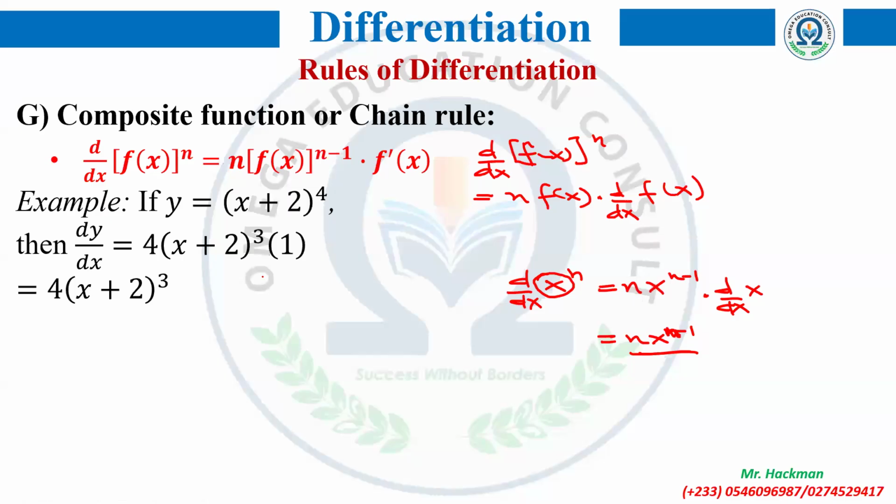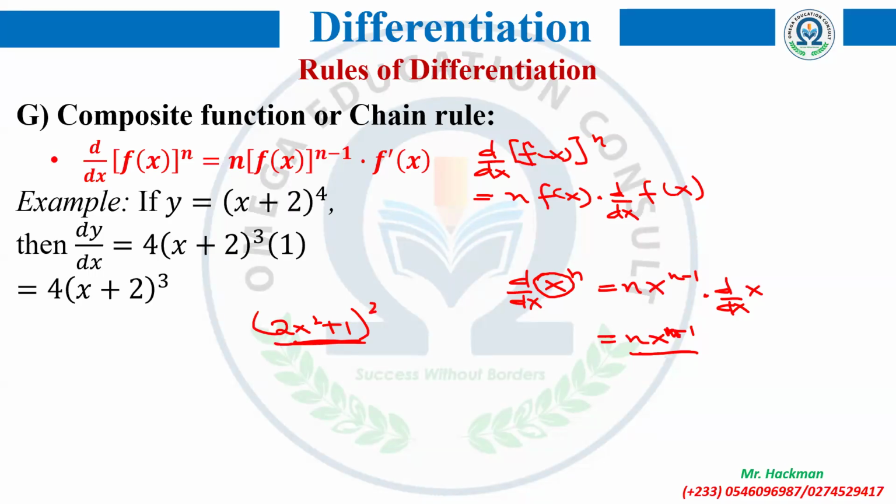But if it was maybe 2x squared plus 1, all to a certain power, the function here, if I differentiate, will I get 1? The function to a certain power, if I differentiate, will I get 1?